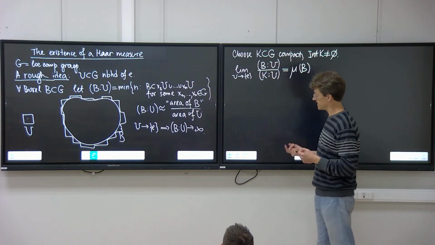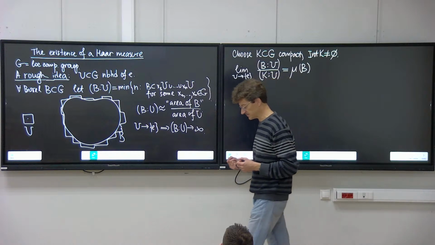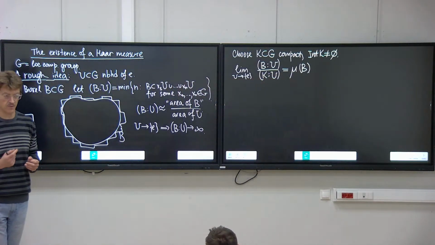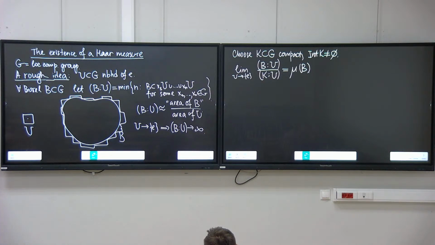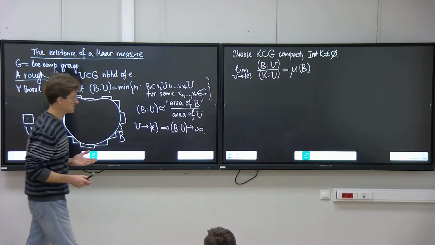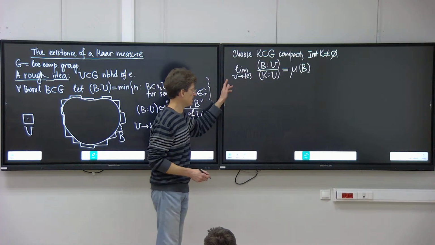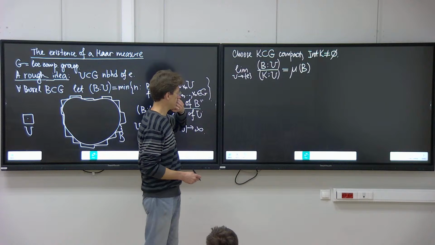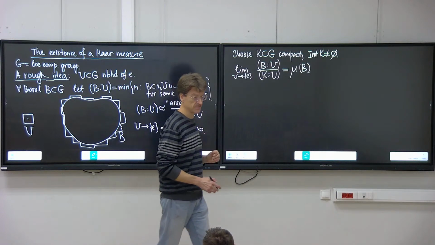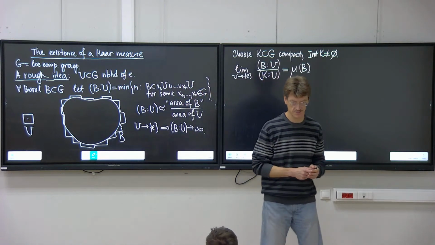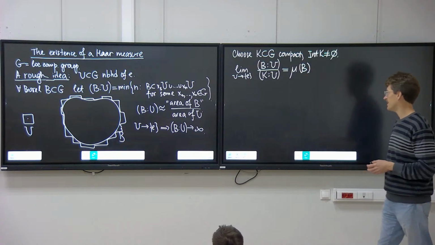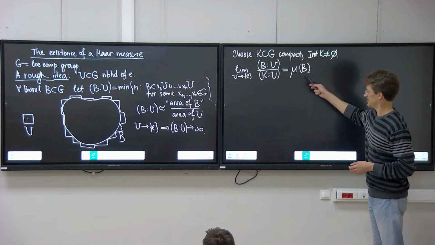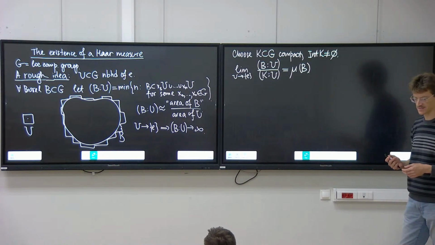This looks reasonable, but if you want to make this rigorous, there are a lot of delicate points here. First of all, we must explain in which sense we understand the limit here. This is not entirely trivial. An even harder problem is to show that the limit exists, and a much harder problem is to show that this definition indeed gives us a measure.